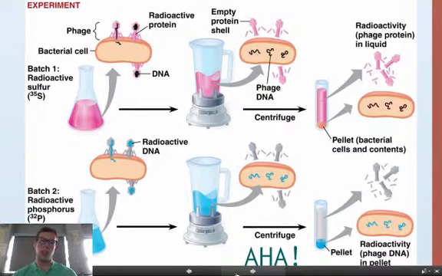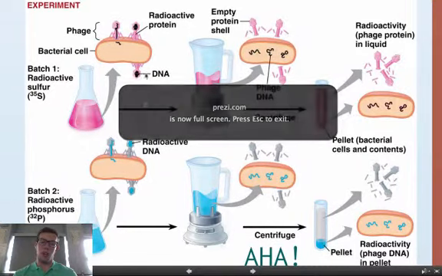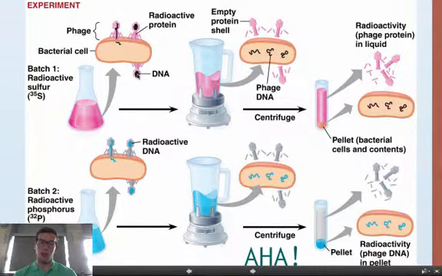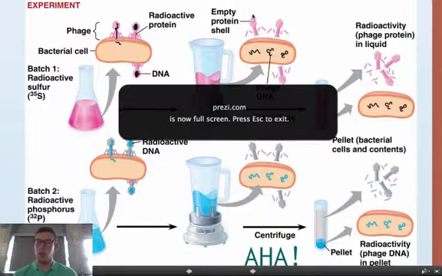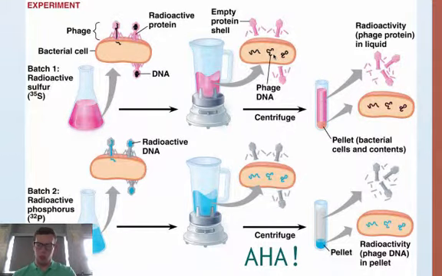So again, what they did was two separate experiments. First, they had radioactive sulfur, and they added the sulfur, and proteins have a lot of sulfur in them, so that would create a radioactive protein, right? The DNA here is not radioactive. So what would happen is these phages go, they deposit their DNA inside of the bacteria, they would allow these things to mix, and what would happen is the phage DNA goes inside of the cell, and you have the empty protein shell on the outside.